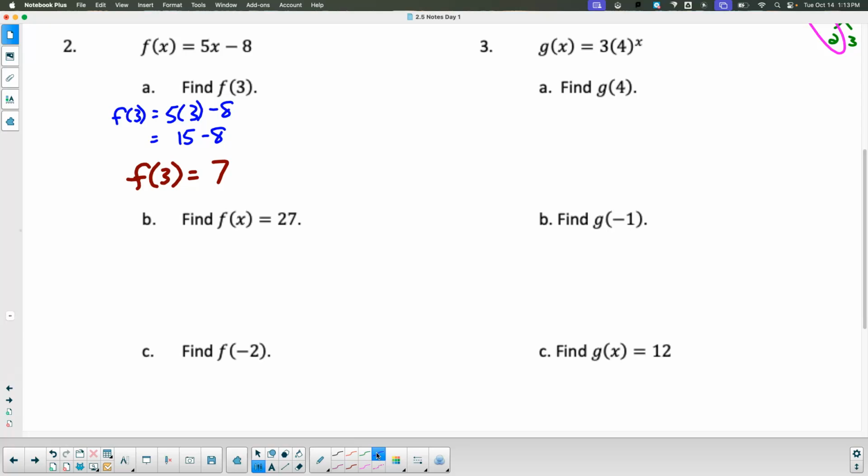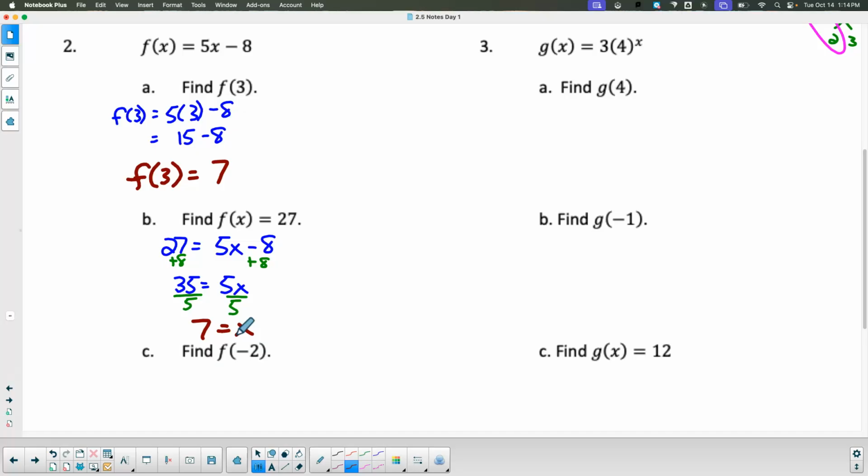So now I would say 27 equals 5x minus 8. I would add 8 to both sides. That gives me 35 equals 5x. Then I would divide by 5. So that's where x is 7.